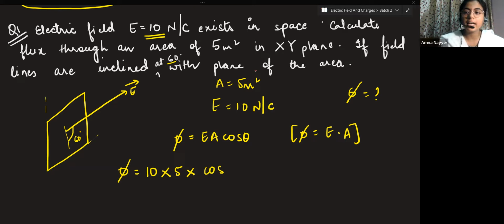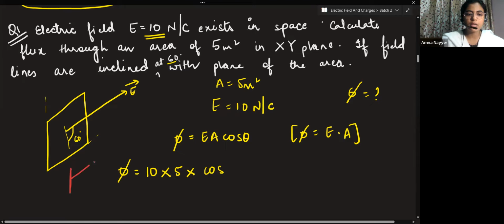It has said in the question that the field lines are inclined at 60 degrees with the plane of the area, means this angle is 60 degrees. If this is your plane surface and this is your electric field, then this angle is given to you as 60 degrees. You are not required to use this angle.